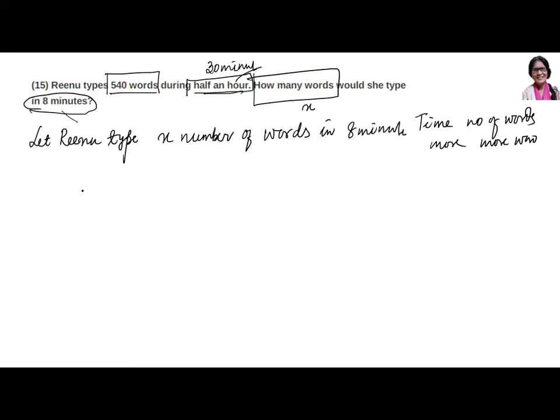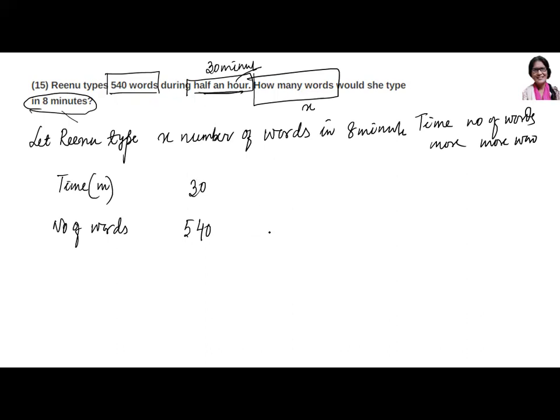Then we will go for ratio. Time, I am taking in minutes, and number of words. First is 540 words in half an hour, I am writing 30 minutes.